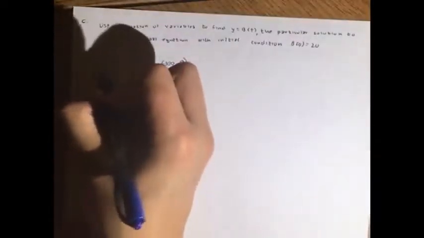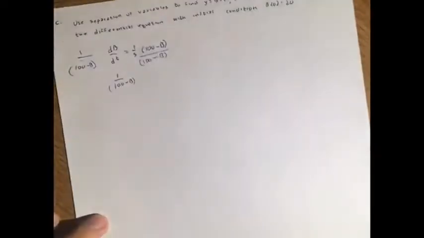And then that'd be db. And then we send the dt to the other side. So 1/5 dt. And obviously we got to find the integral of it. So we put the integral symbol right there.